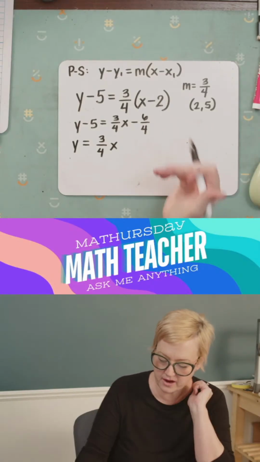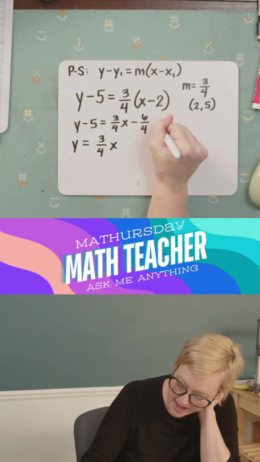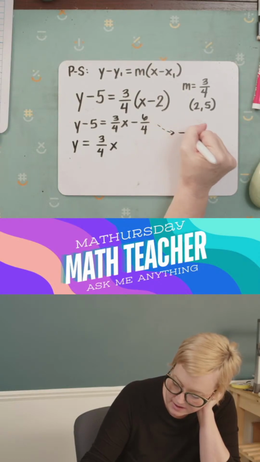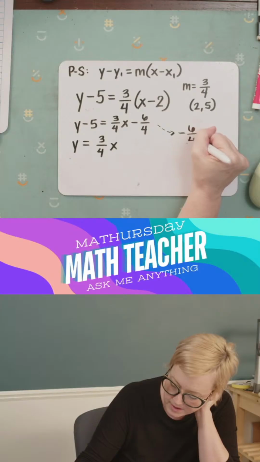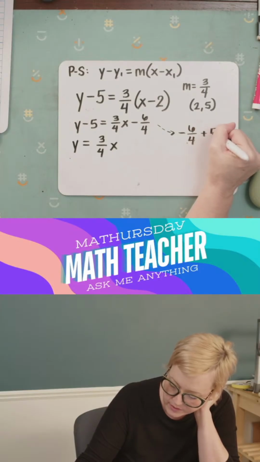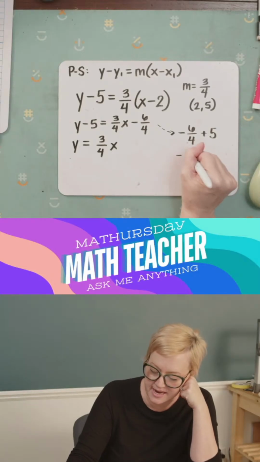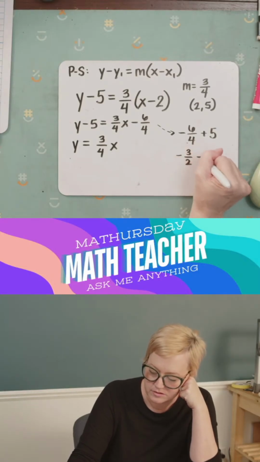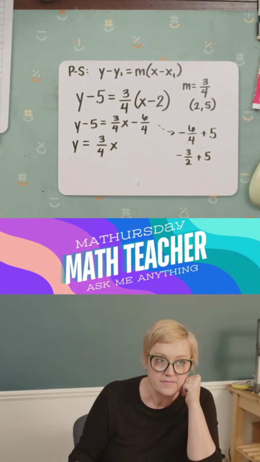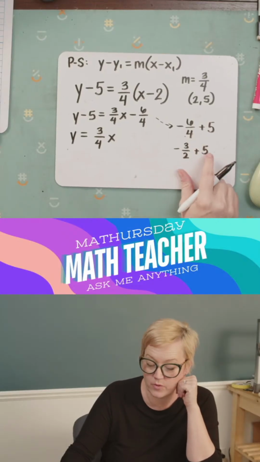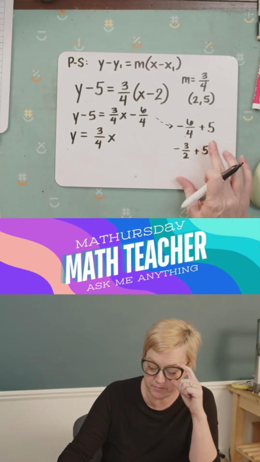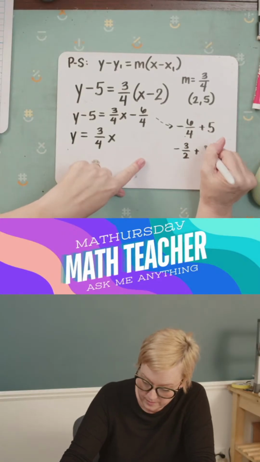Okay, so over here, I have negative 6/4, and I need to add 5 to it. 6/4 can be simplified to negative 3/2. And then if I'm going to add 5 to this, remember we need to have it over 2. So that would be 10/2.